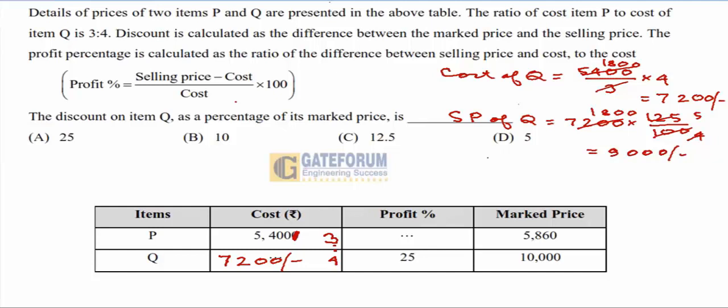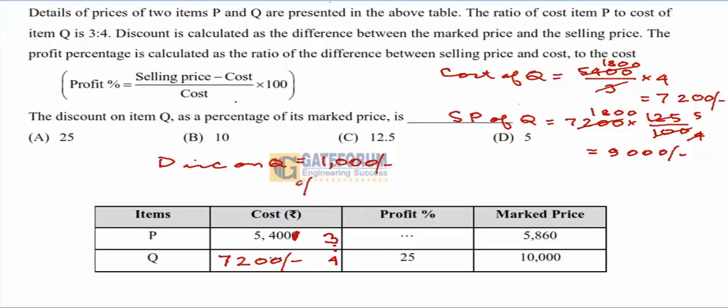Now I know that the selling price is 9,000 and the marked price is given as 10,000. So what is the discount that has been provided on item Q? The discount provided is 1,000 rupees only. They have asked me to find the discount as a percentage of its marked price.